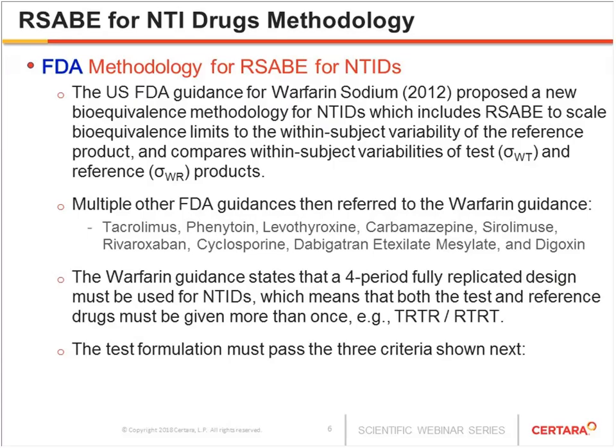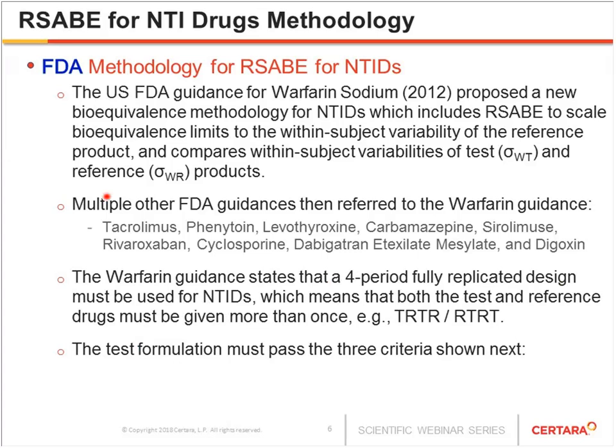The U.S. FDA Guidance for Warfarin Sodium, issued in 2012, proposed a new bioequivalence methodology for NTIDs, which includes RSABE to scale bioequivalence limits to the within-subject variability of the reference product and compares within-subject variabilities of test and reference products.